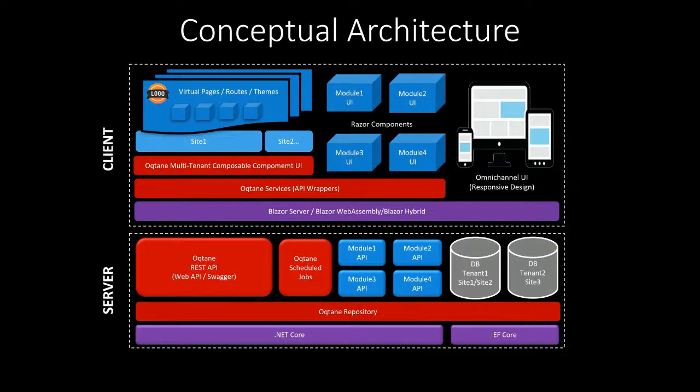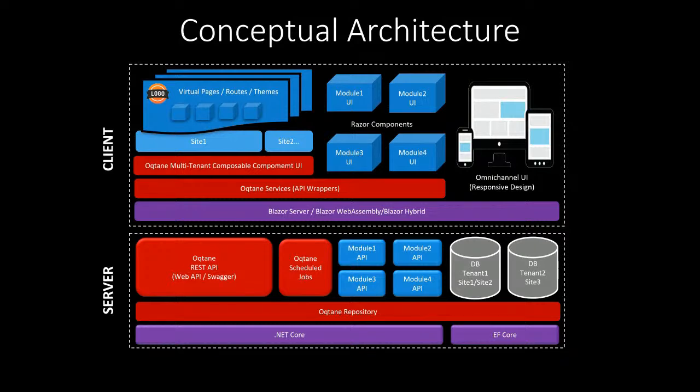From an architecture perspective, it's client-server, and it obviously leverages Blazor. On the server side, it's using .NET Core and EF Core as its underlying technologies. On top of that, it has a bunch of APIs that it provides to offer capabilities which are not available natively as part of .NET Core and EF Core.